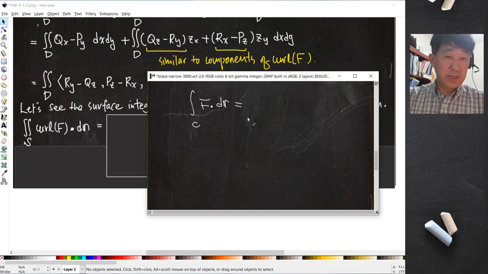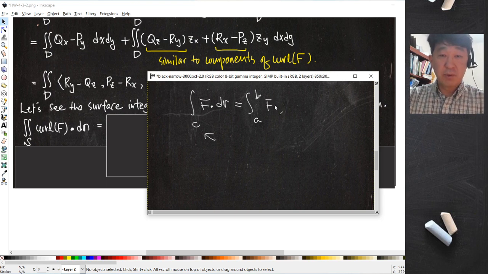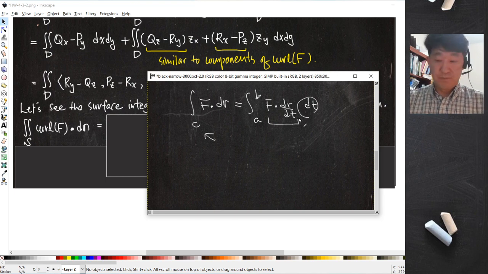But to actually calculate it, you have to parameterize the C. And with that parameter, you go from one variable parameter, and then you replace this dr with the dr dt as a vector there, and dt. So we enter this type of more familiar integral.